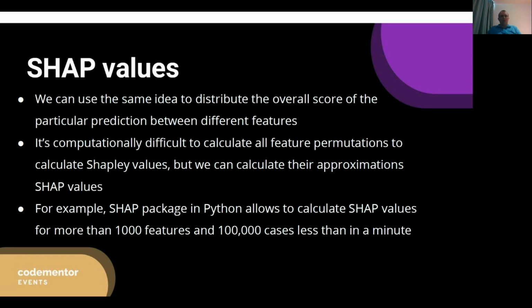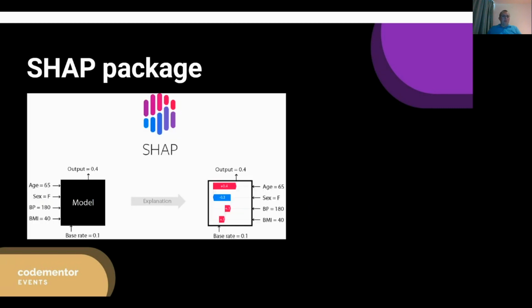We can really use these Shap values in our data science work every day. I personally use the Shap package. It's most effective from my perspective. And what is this? It's a picture exactly from the website.